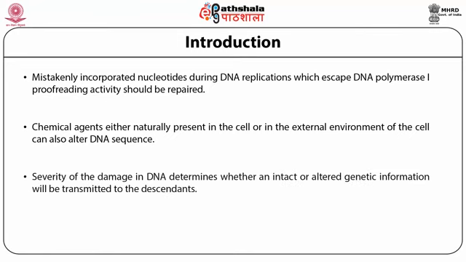Severity of the damage in DNA determines whether the damaged portion can be repaired to transmit the intact genetic information, or cannot be repaired, leading to the loss of genetic information and sometimes cell death.